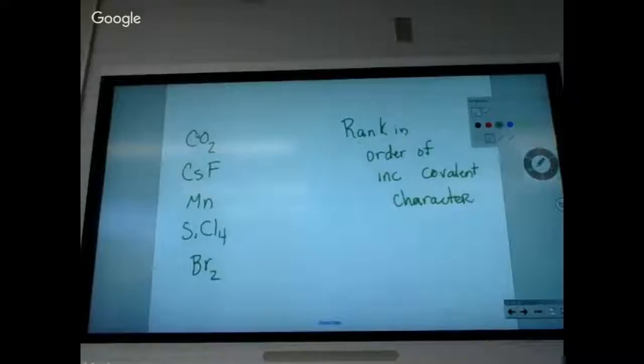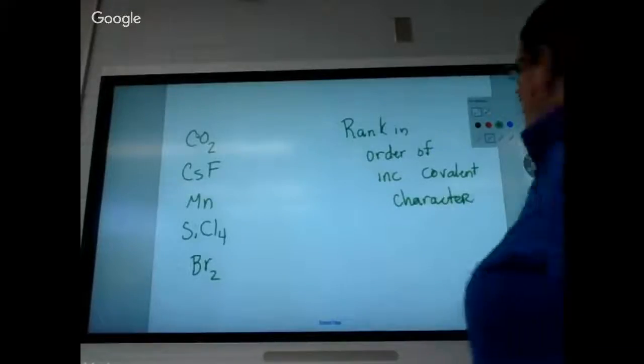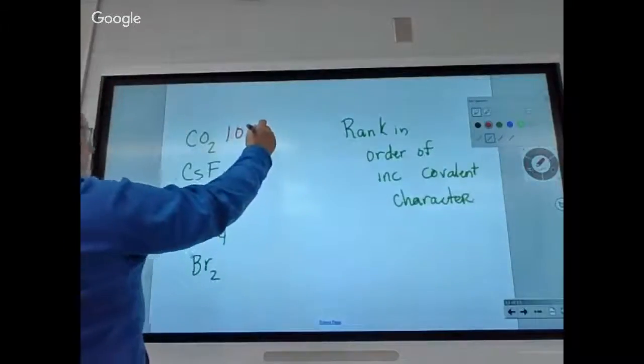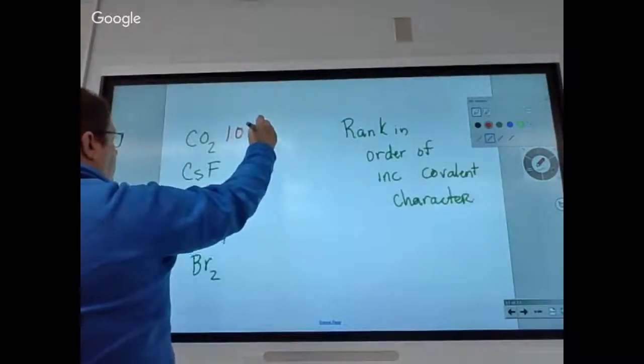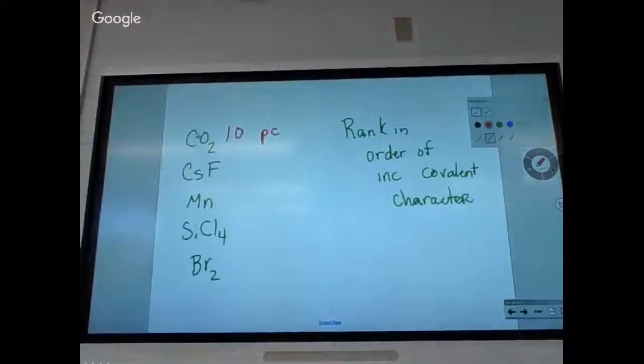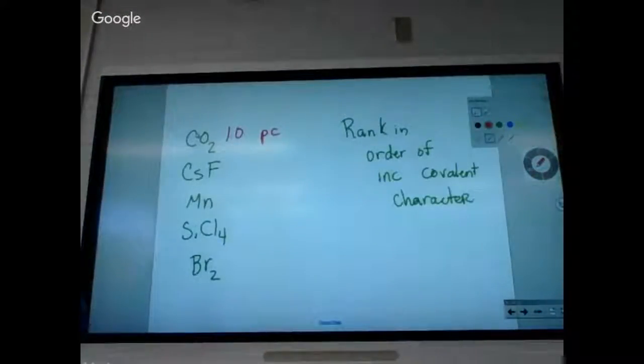All right, so what number did you come up with for CO2? One. So it was what kind of bond? Polar covalent. Can we just say polar on the quiz Monday? No. What were the 3 bond types? Ionic, covalent, metallic.